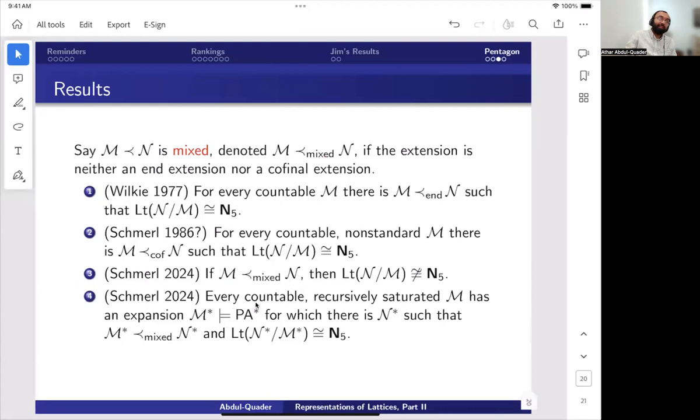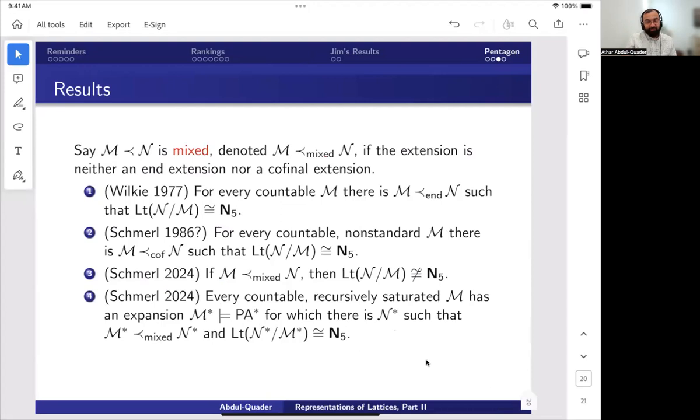The result says every countable recursively saturated model M has an expansion to a model of PA star, which means an expansion in a countable language that satisfies induction in that expanded language, for which there is an elementary extension whose interstructure lattice is N5, but that elementary extension is a mixed extension.